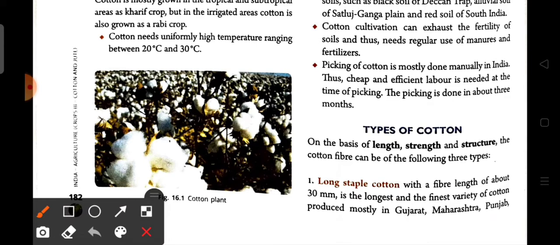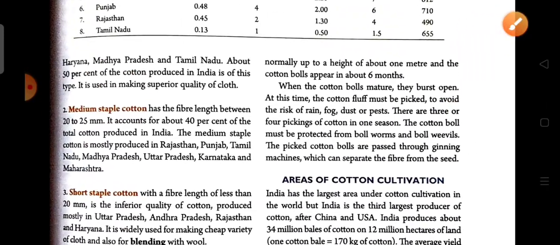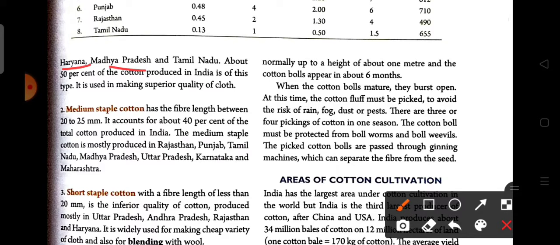With the long staple cotton, the fiber length is about 30 millimeters, and it is the longest and finest variety of cotton, produced mostly in Gujarat, Maharashtra, Punjab, Haryana, Madhya Pradesh and Tamil Nadu.